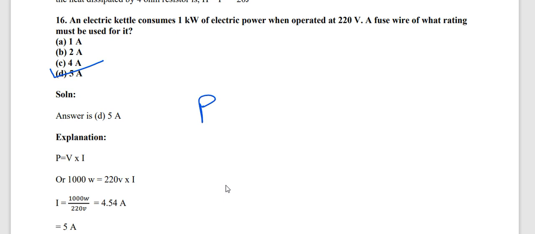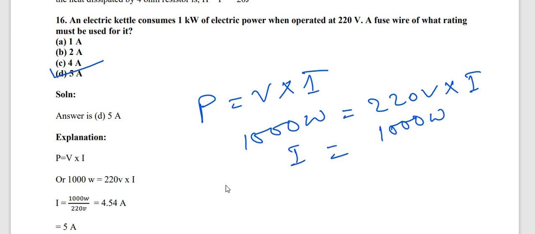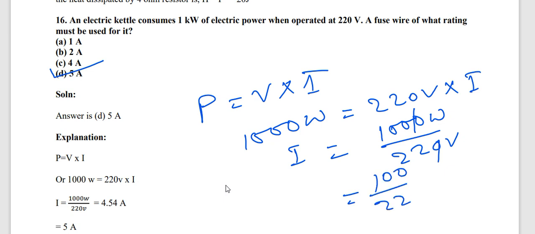You know P equal to V into I. Very good. 1000 watt equal to 220 volt into current. Then I equal to what, my dear? 1000 watt by 220 volt. You can cancel it, right? Then we divide 100 by 22.